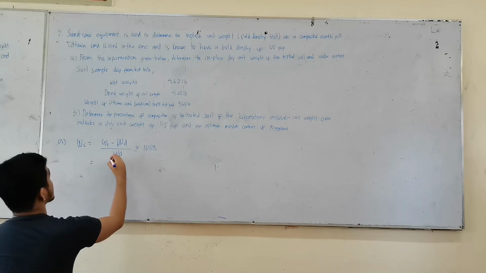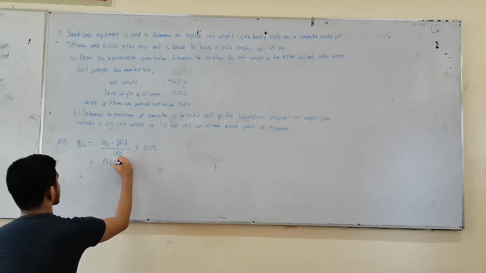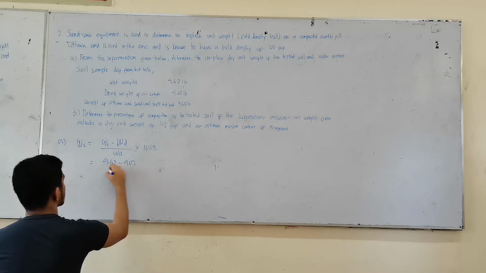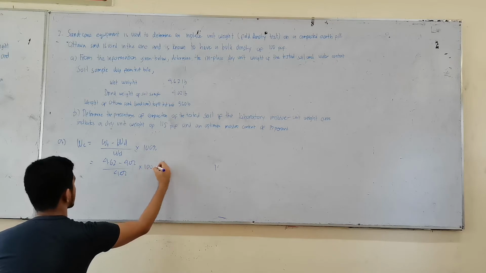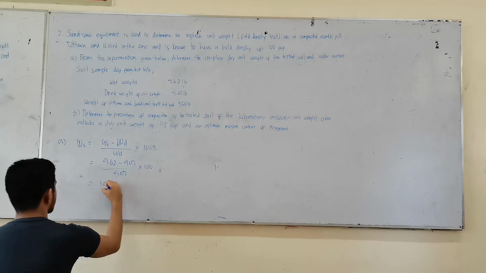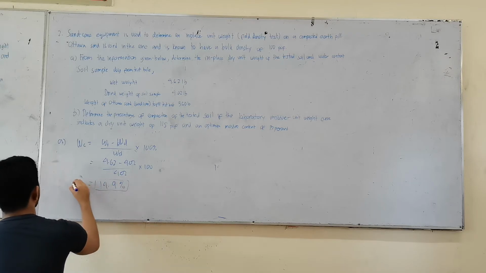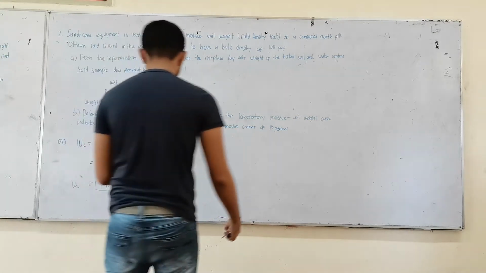In solving this, we have 4.62 minus 4.02 over 4.02 times 100. This will give 14.9%. This is our water content.